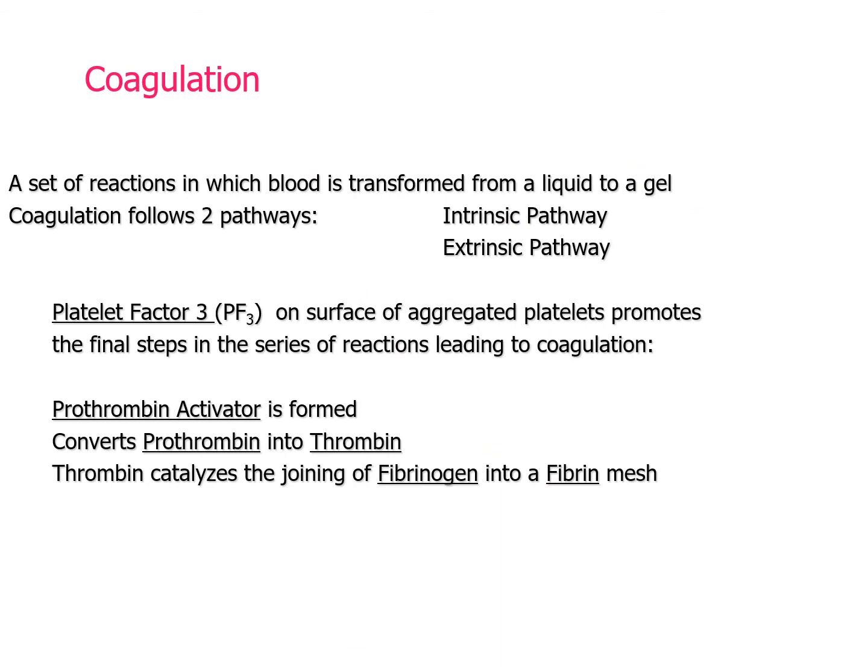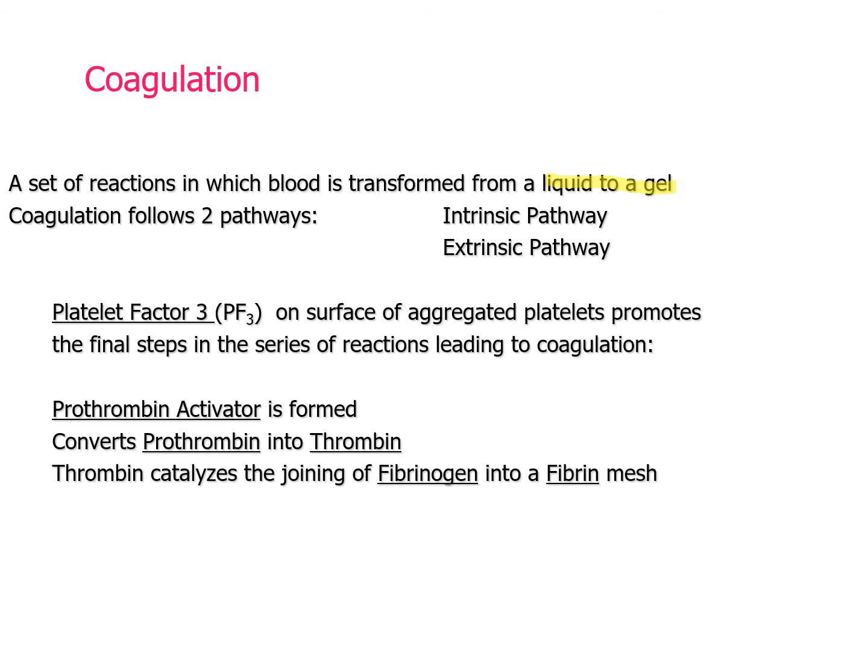So the coagulation reaction, in fact, involves transformation of a liquid to a gel that has fibrin strands in it. It's insoluble fibrin strands surrounding lots of red blood cells, and that's what the clot is.